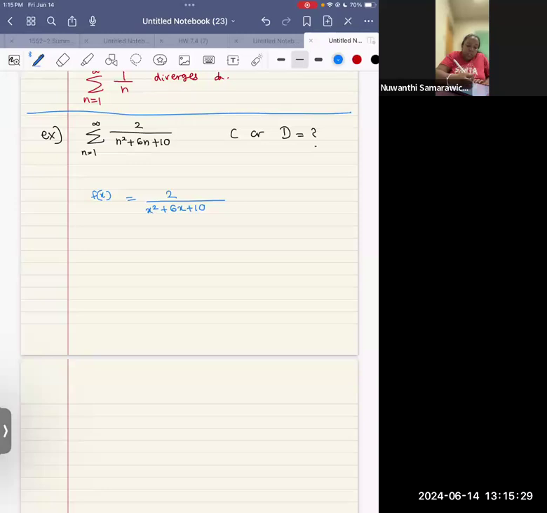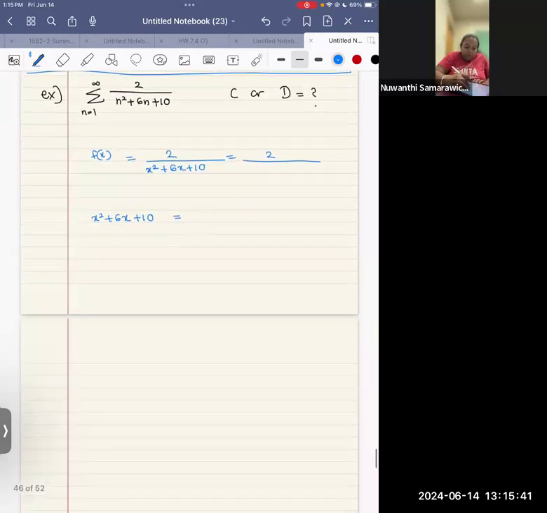So I'm going to change the denominator, because x squared plus 6x plus 10, I can write this as a perfect square of a binomial. Let's say x squared plus 6x, I can make a perfect square binomial here. How do we do that? If I divide the middle term by 2, 6 divided by 2 is 3, and then I square it, that is 9.